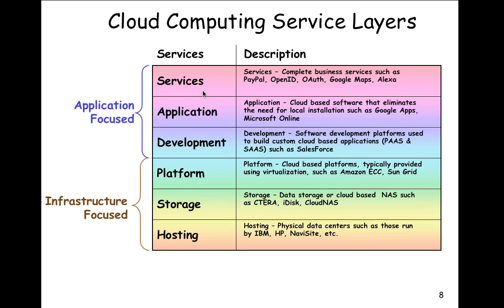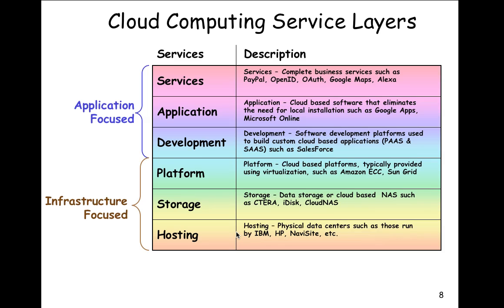Then I looked at the service layers in the cloud environment. We had the application focus versus the infrastructure focus in terms of the way that the platform can be divided out into multiple sections. With this concept of abstraction, this reminds a lot of people of the TCP/IP layering, stack protocols and stuff.